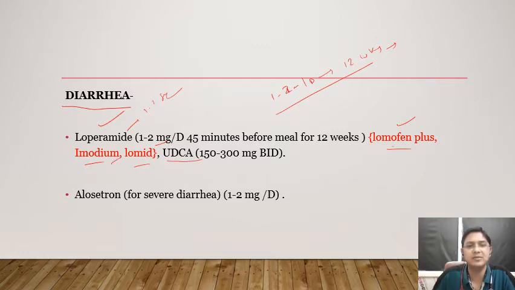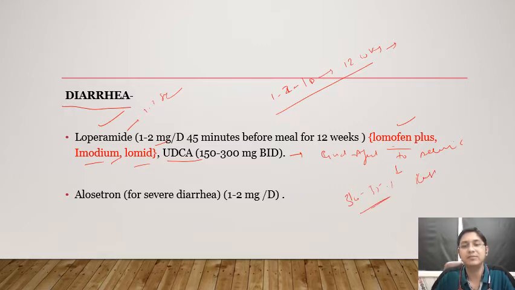UDCA is ursodeoxycholic acid. Ursodeoxycholic acid is a good agent to control the disease. Why? Because studies have shown that in 30 to 35% of cases, which is quite a high number of patients, they have some sort of fat indigestion in IBS.